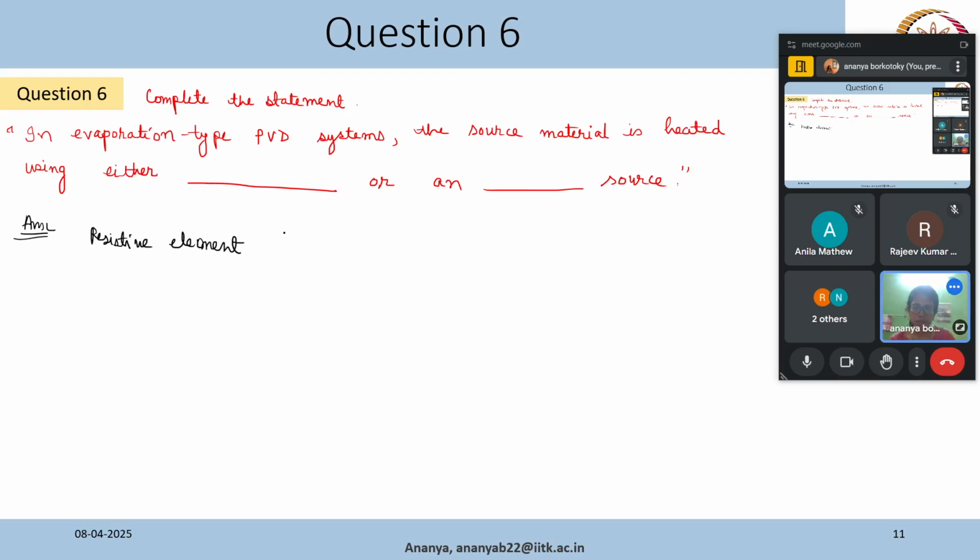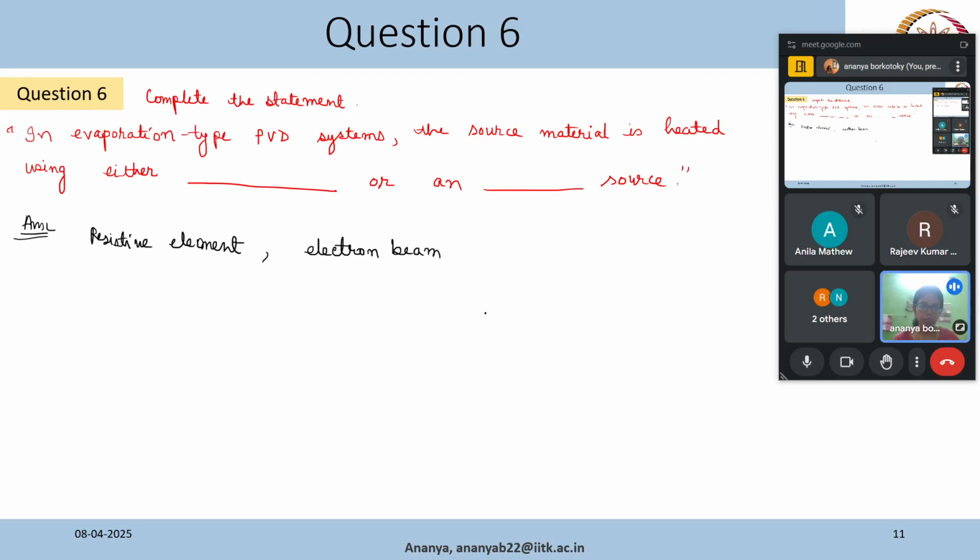Because we use Joule heating. We apply a current to the resistive element, and because of Joule heating, heat is generated and that will melt the target material or the source material.